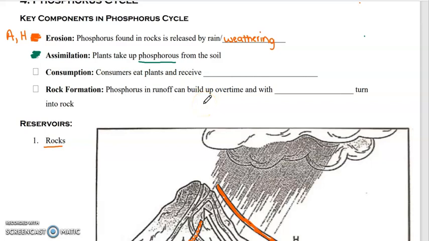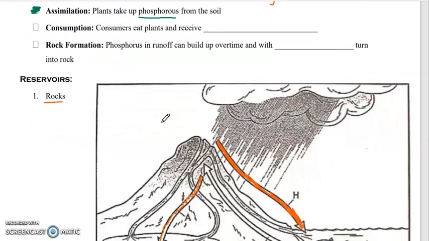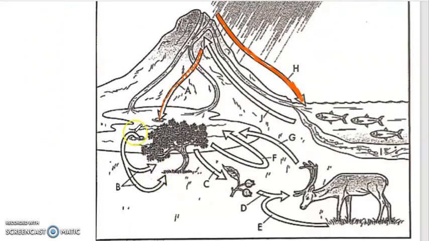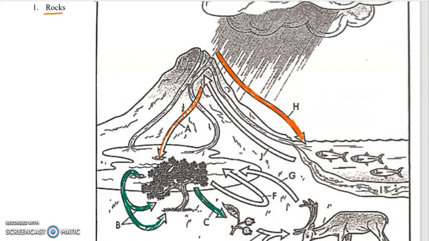In the nitrogen cycle, it was focusing on nitrogen, but it's the same process, pulling it up through its roots. So let's look at our diagram again. Looks like arrow B is showing this tree is pulling up some phosphorus, maybe from the water. Maybe we could say arrow C as well, showing this is some type of flowering tree. So that's looking a lot like our assimilation, B and C.